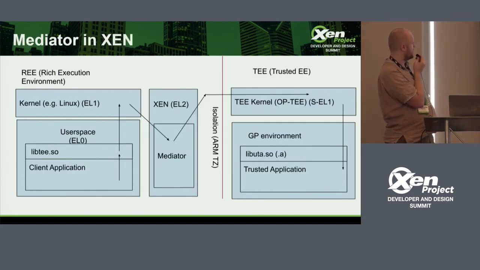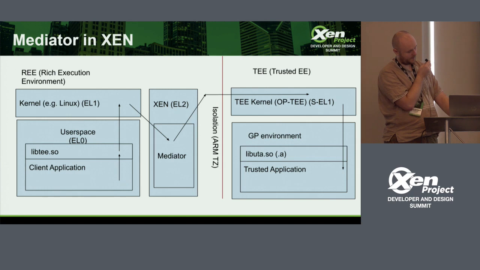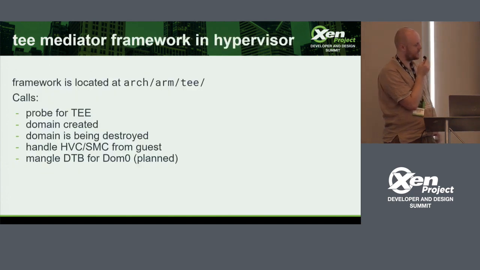So this is how it can look like when we have a mediator in Xen. Now all calls are handled by the mediator, and the mediator in turn calls the real OPT. At first I created a very small framework for TE mediators.